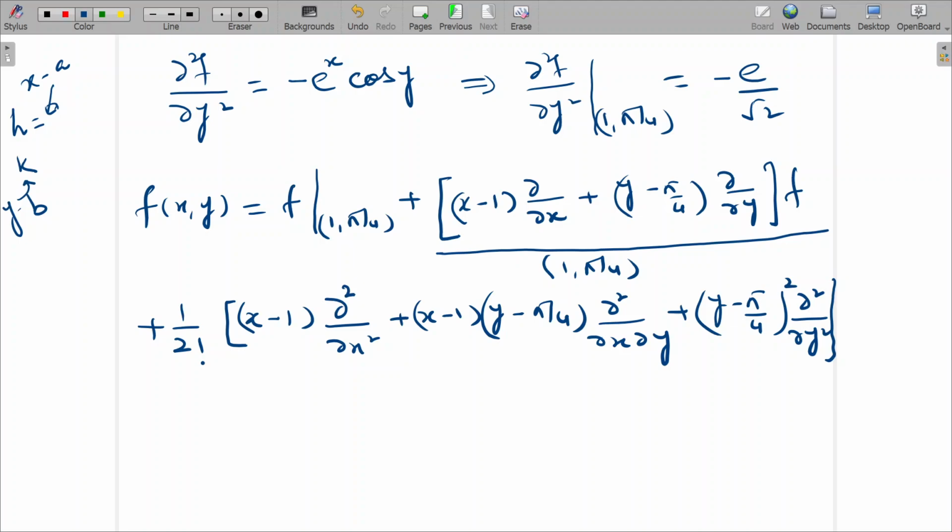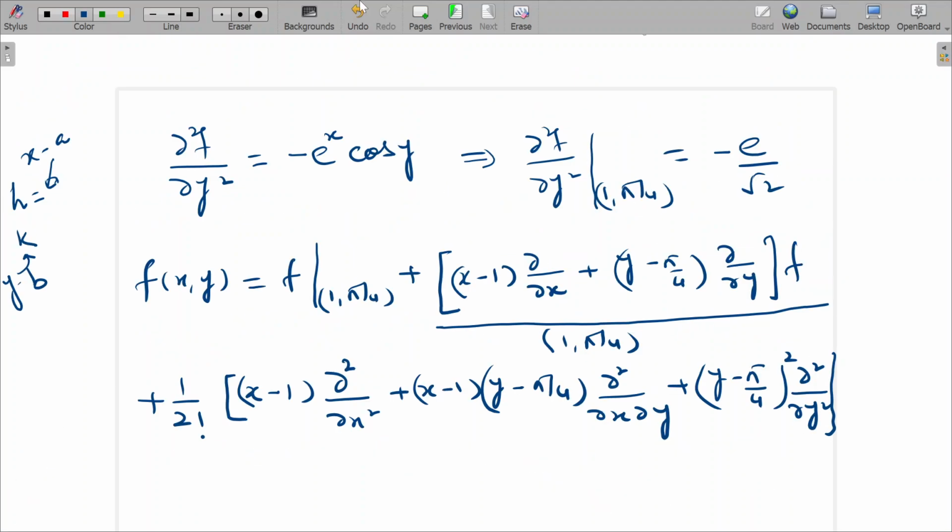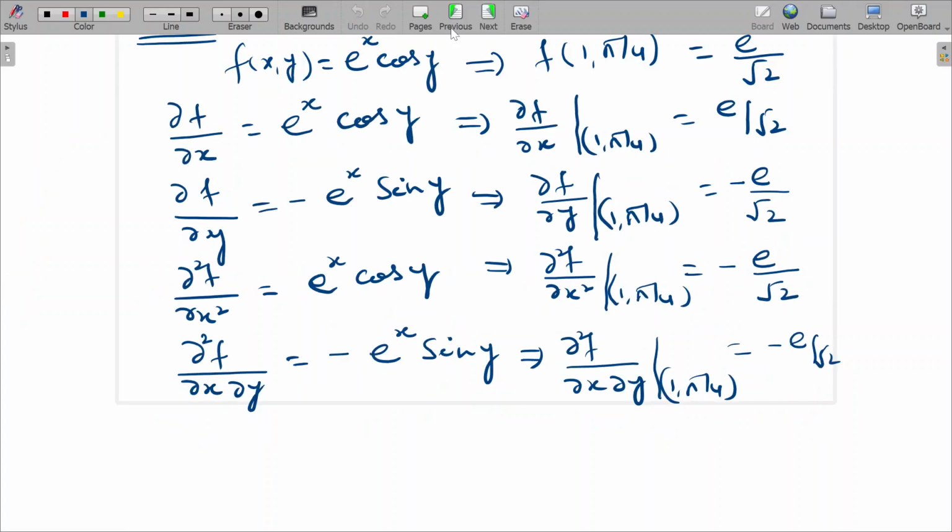Okay, so we have already calculated all these values here, so we just need to use them.